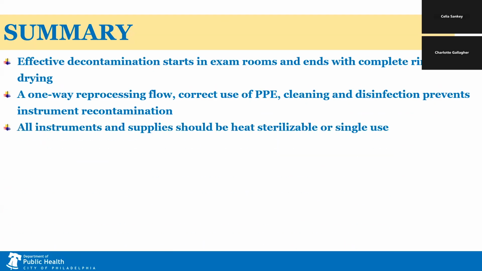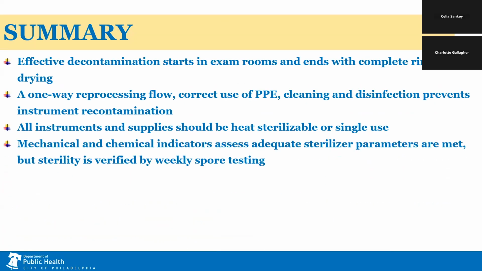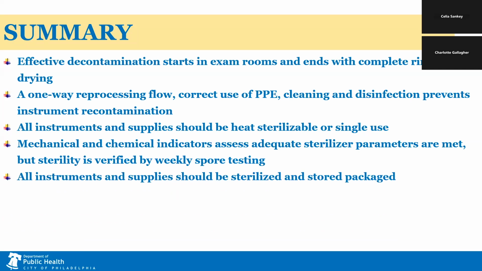All instruments and supplies should be heat sterilizable or single use. Mechanical and chemical indicators assess adequate sterilizer parameters are met, but sterility is verified only by weekly spore testing. All instruments and supplies should be sterilized and stored packaged.